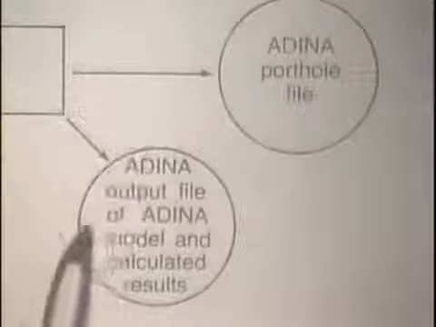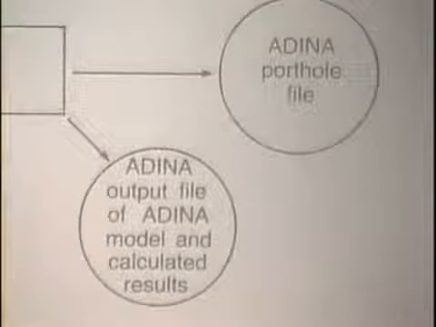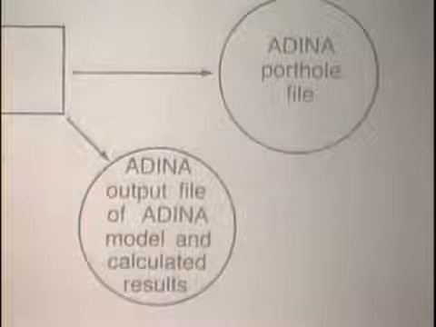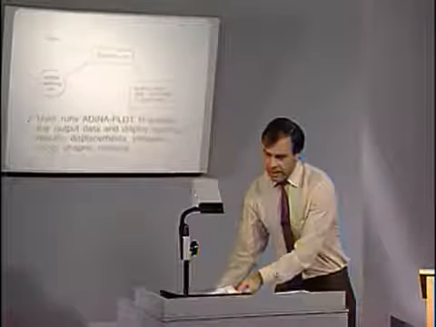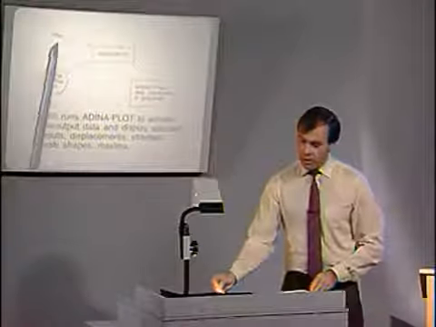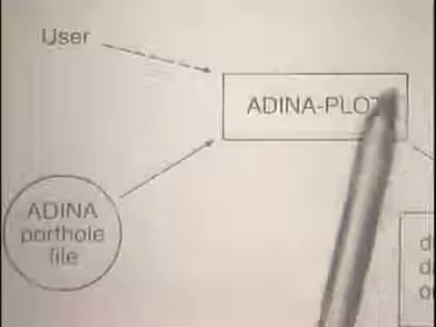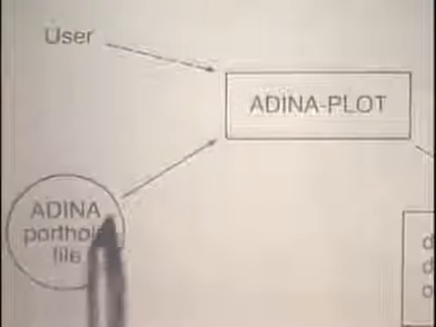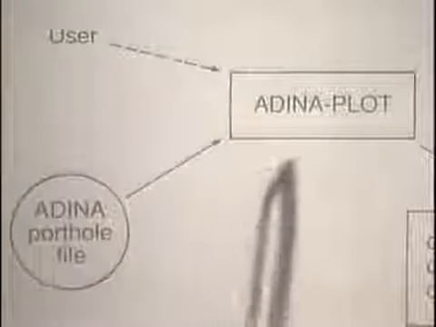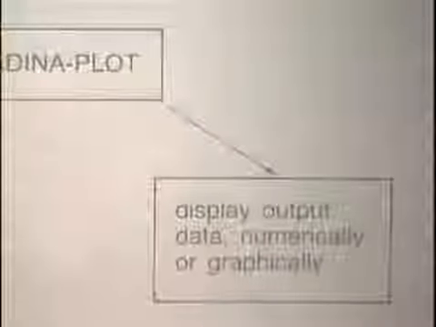We can, of course, also look at the output file and see numerically the data that was calculated using ADINA. Here we have the action schematically shown: the user goes into or uses ADINA-PLOT to fetch data from the ADINA porthole file, and then ADINA-PLOT displays those data either numerically or graphically.